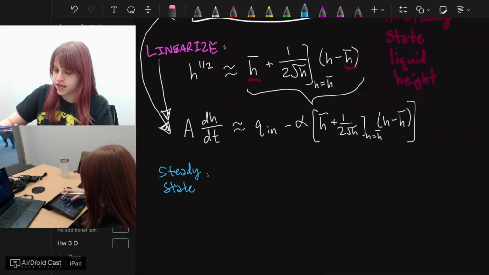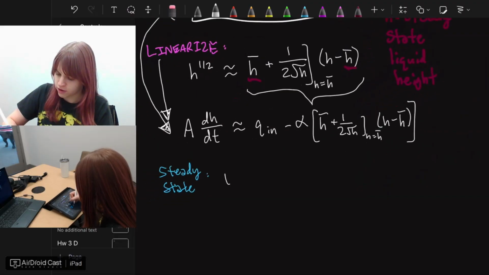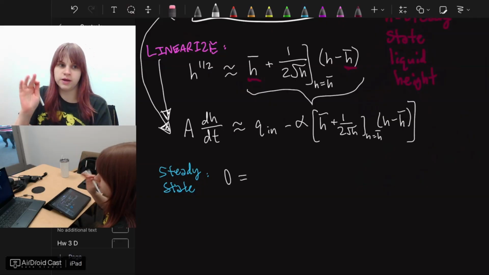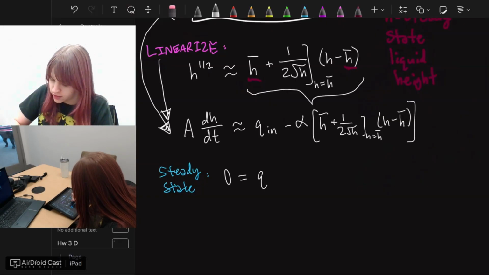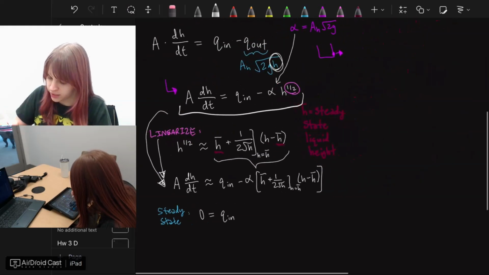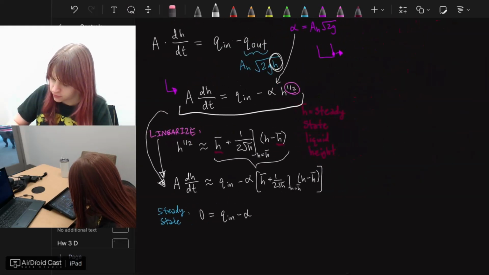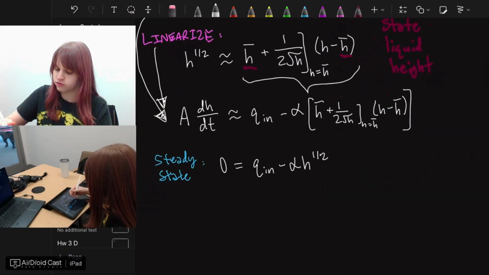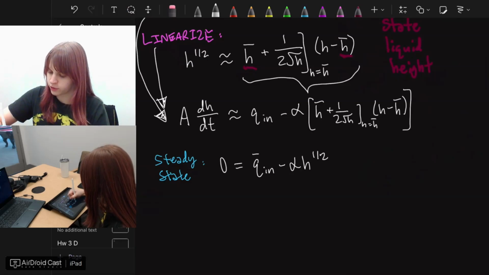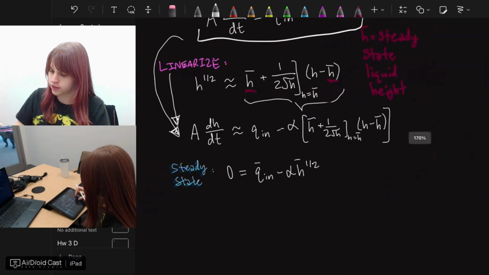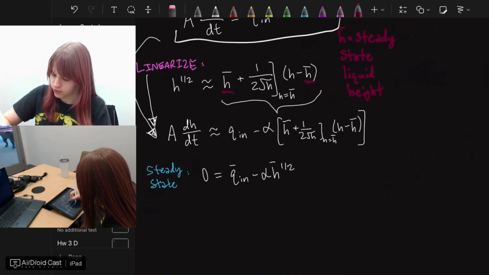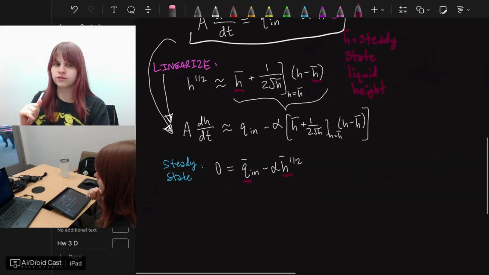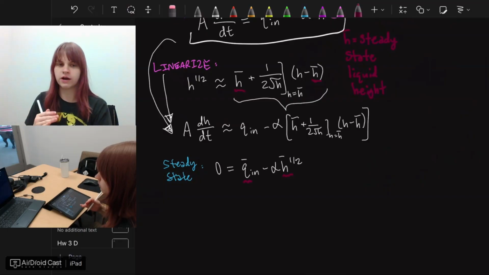We know that dH/dt would be 0 for a steady state, and then from all the way above we have Q in minus the alpha times h to the 1/2, except this is the steady state solution, so we're going to add those bars to the top. Again, because it is specifically steady state, we want to make sure that we don't confuse those with the actual values.